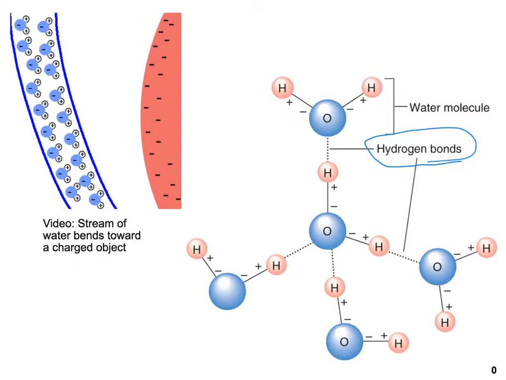And hydrogen bonds form whenever we have hydrogen atoms, like this one, bonded to another atom that has a much stronger attraction for electrons. And we call the measure of that attraction for electrons electronegativity.